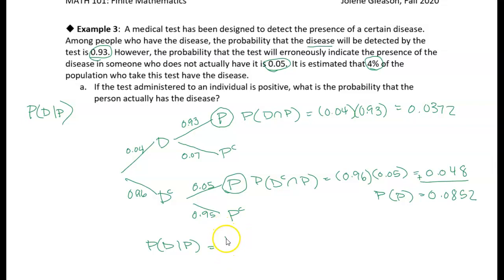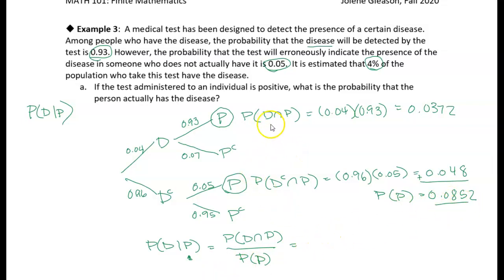So it's going to be the probability of having the disease and testing positive over the probability of testing positive. I can't tell my P's and my D's apart. So it's the second one I'm interested in: the probability of testing positive, which is the value I calculated right here.